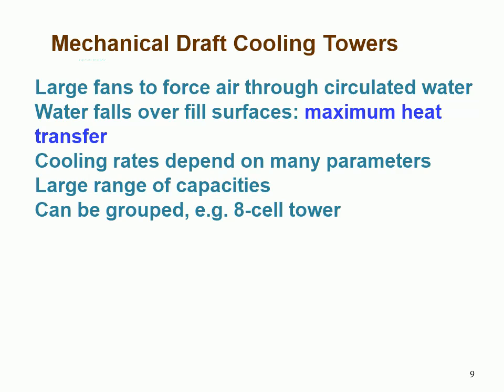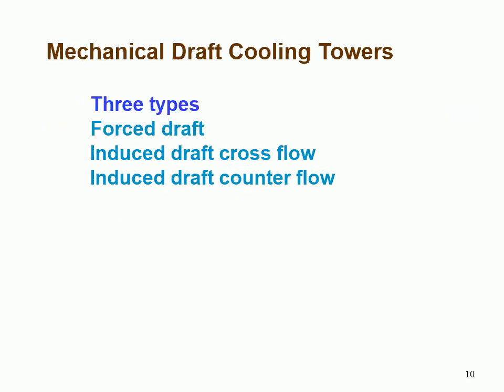Thus, many cooling towers are assemblies of two or more individual cooling towers or cells. The number of cells they have, for example, an 8-cell tower, often refers to such towers. Three types of mechanical draft cooling towers are available. Advantages and disadvantages of each will be explained in the upcoming slides.